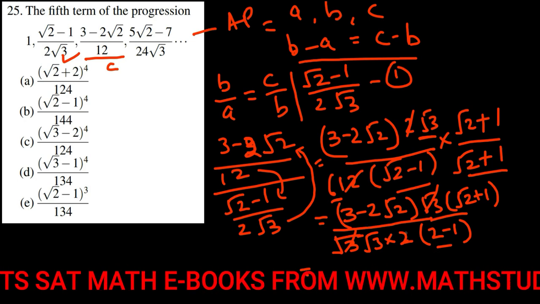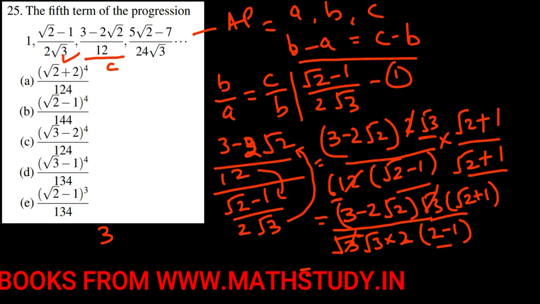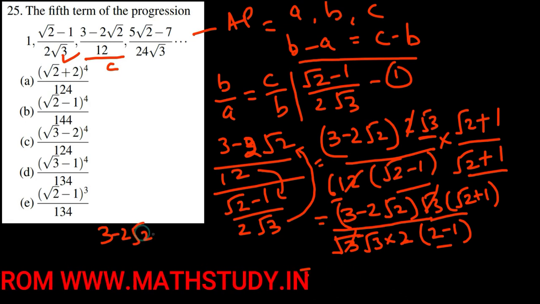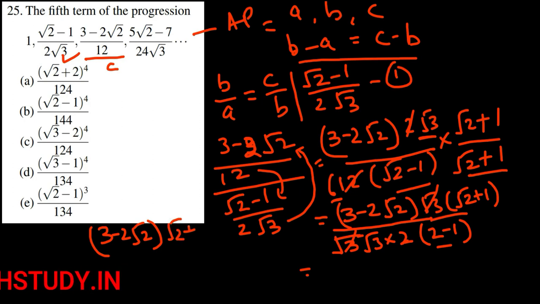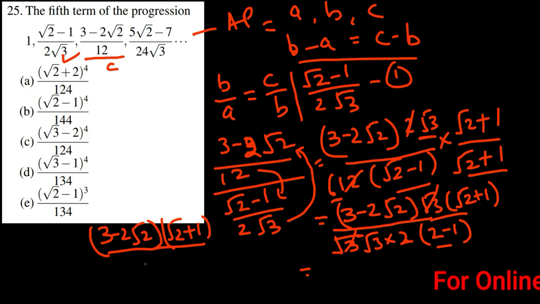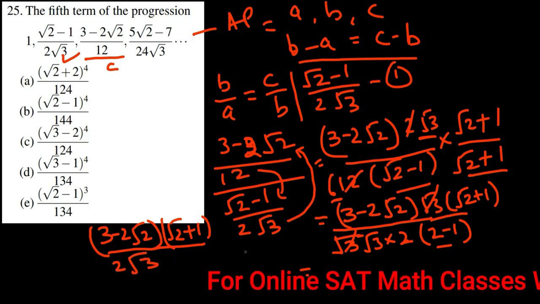So we will get our term like this: 3 minus 2 root 2 into root 2 plus 1 upon 2 root 3 into 1, obviously, right? 2 root 3 into 1.